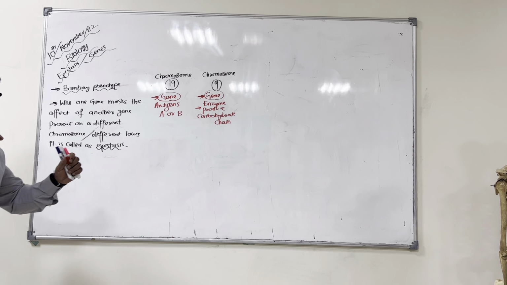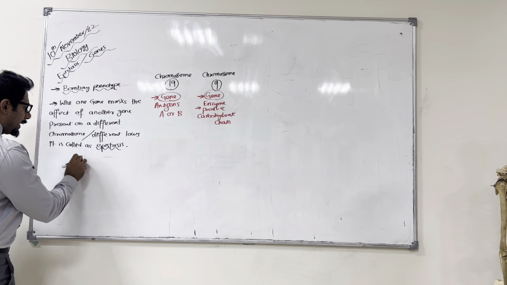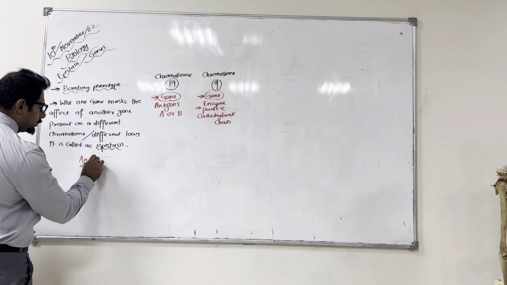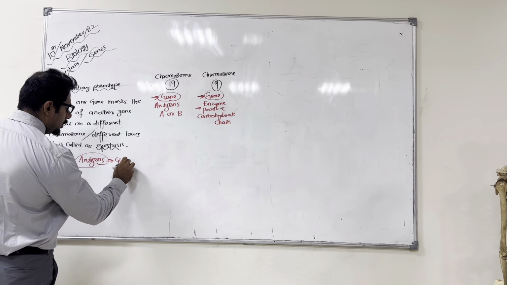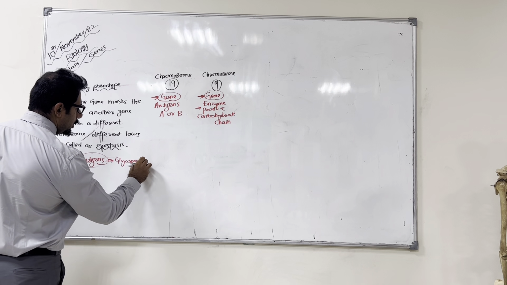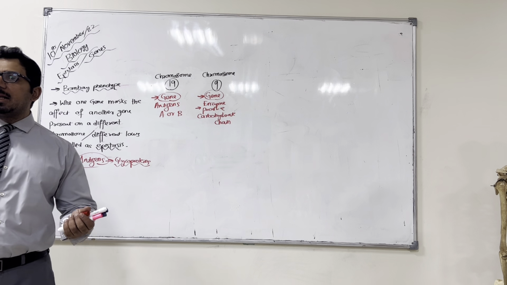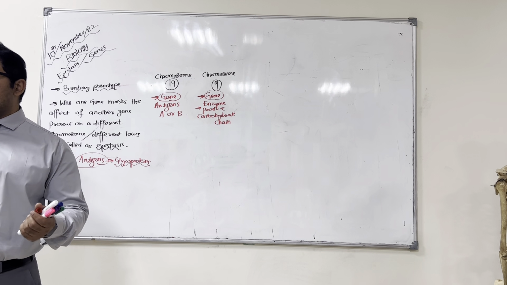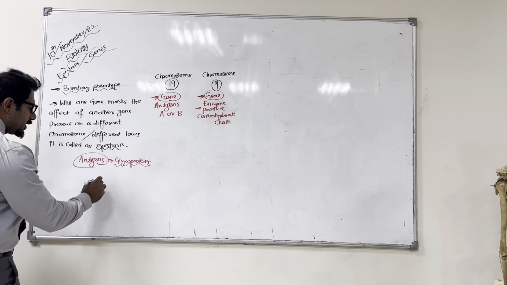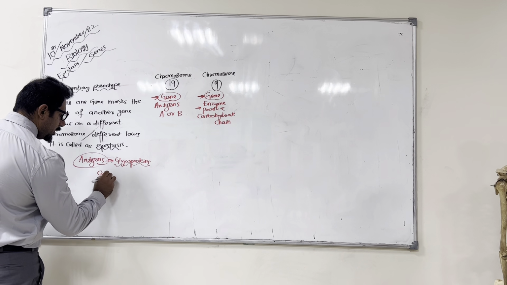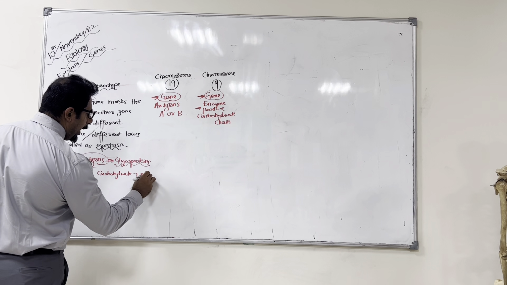Now we know one thing, that antigens are glycoproteins, right? And we also know a glycoprotein means that it is a conjugated molecule. You guys have learned that in detail last year in AS. It is made by joining a carbohydrate with a protein.